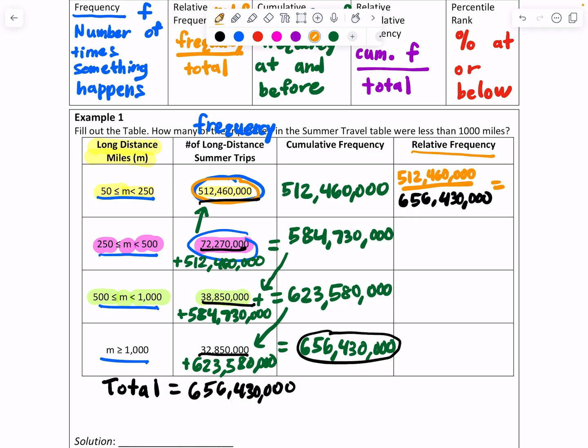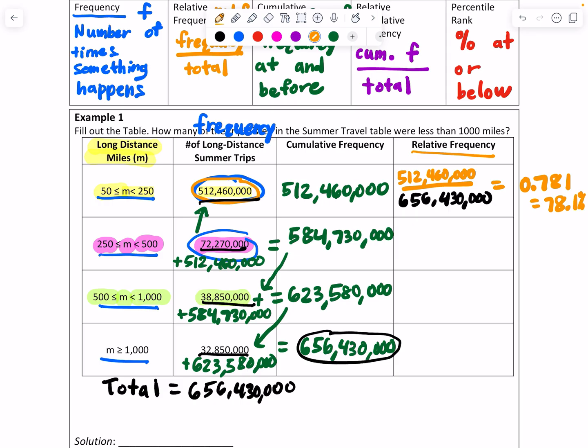My relative frequency for the first set of trips between 50 and 250 miles would be 0.781. And you could keep that as just 0.781, or you could write it as 78.1%.